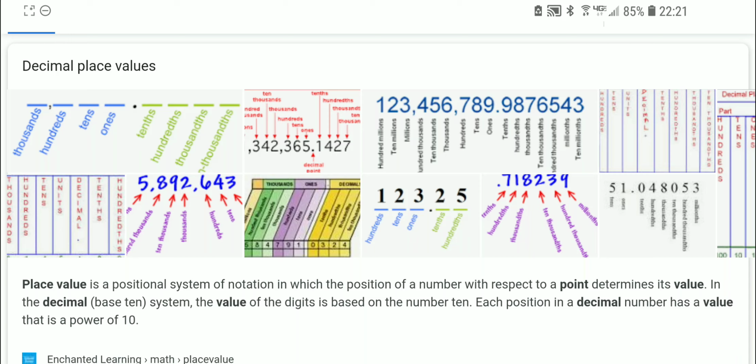We've got the decimal point here, and it says the positional system of notation in which the position of a number with respect to a point determines the value. Translated, that means both the digit itself and its position are going to determine what the value of the number is.